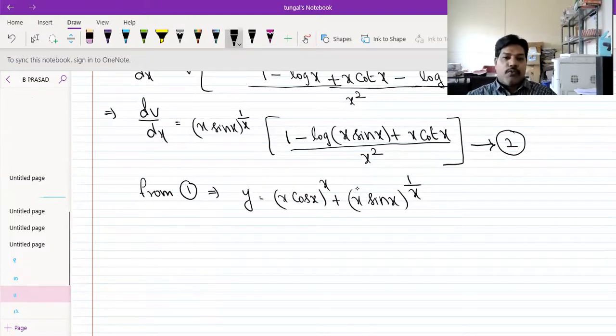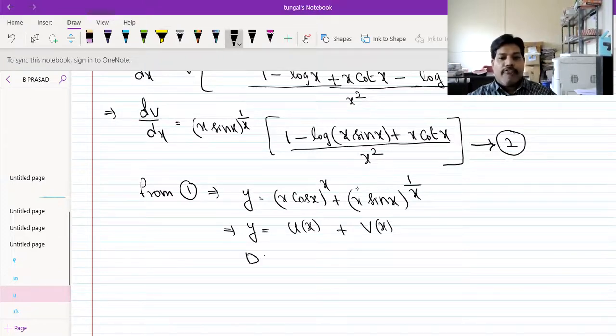After getting these two functions, the first function is nothing but u of x. And what is this function, students? This function is nothing but v of x. So y is equal to u of x plus v of x.